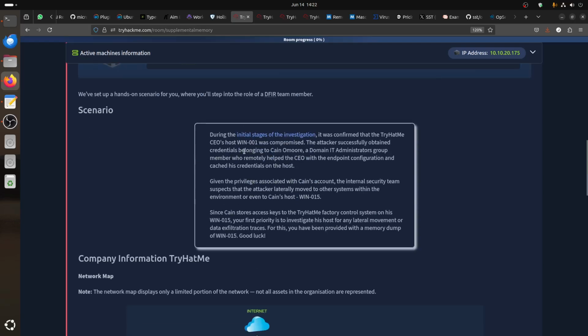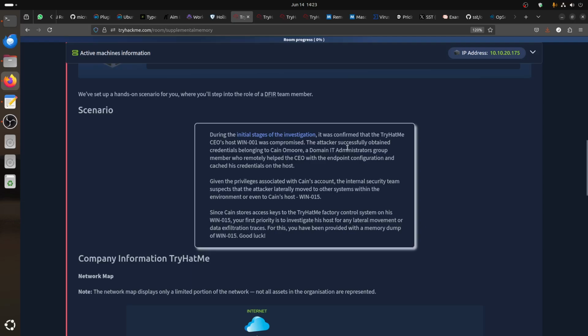The scenario is that during an initial stage of investigation, it was confirmed that the TryHackMe CEO host Win001 was compromised. The attacker successfully obtained credentials belonging to Kane, a domain IT administrator group member who remotely helped the CEO with endpoint configuration and cached his credentials on the host.